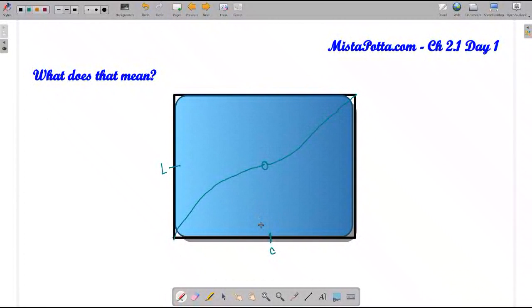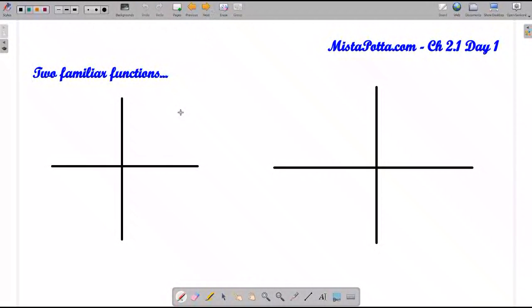And the way that I do this is through several methods, one of which deals with some parent functions that we're quite familiar with. I want to start with the parent function y equals 1. This is the parent function for my polynomial of degree 0.